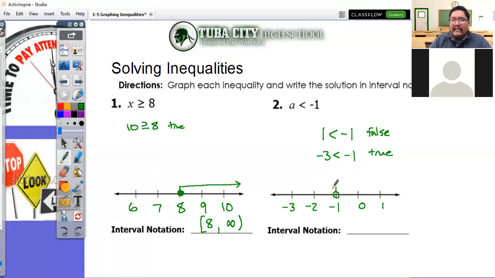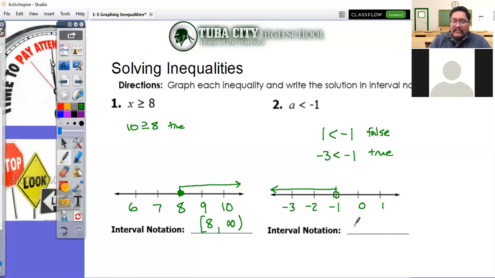It's better to have money than to owe the bank money. So in this case, since -3 is true, that means we're going to have to mark this side of -1. So we have everything less than -1. Anything under here is going to be true. So if I put in like -10, that is definitely less than -1.